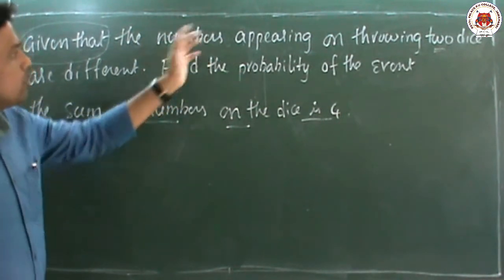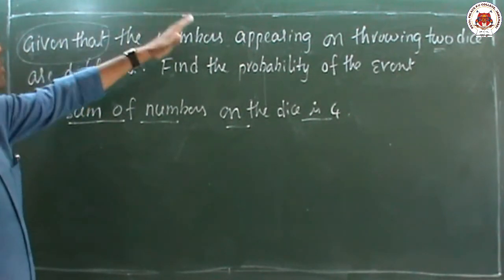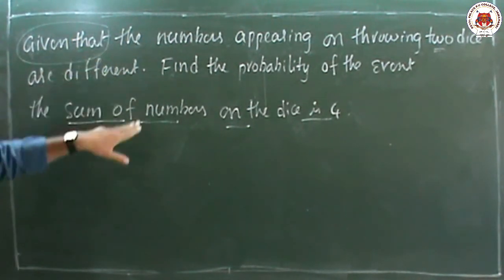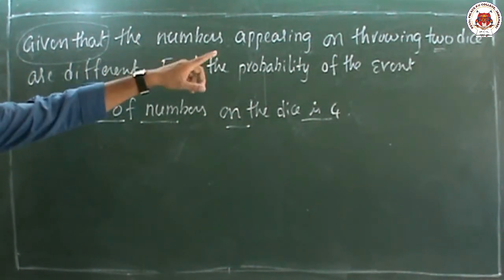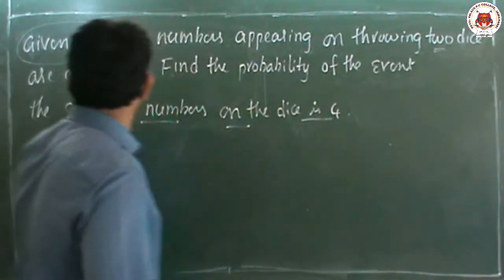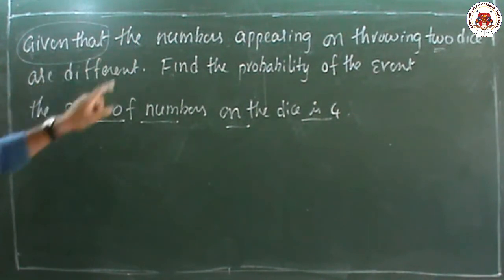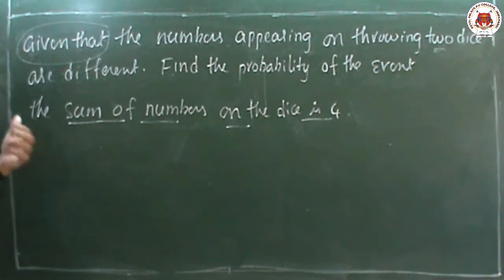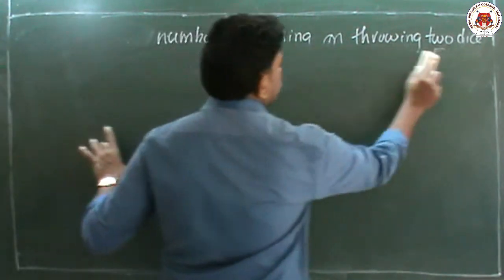Because after find, whatever is there is called E, and after given that, whatever is there is called F. That's it, simple technique. Now I came to know what E and F are. Here E means the sum of numbers on the dice is 4, and F means different numbers on 2 dice. Okay. Now I am going to drop this one because of insufficient place.